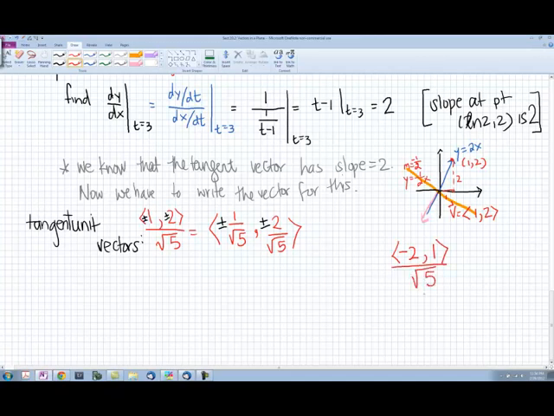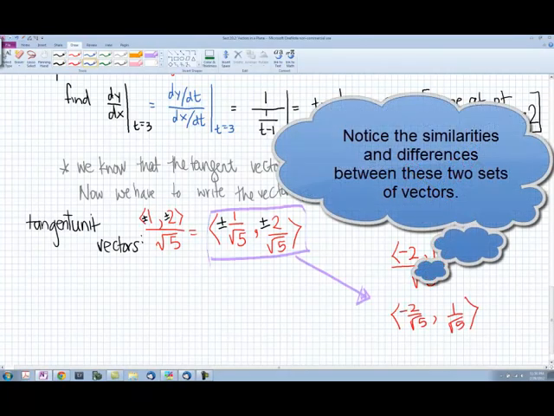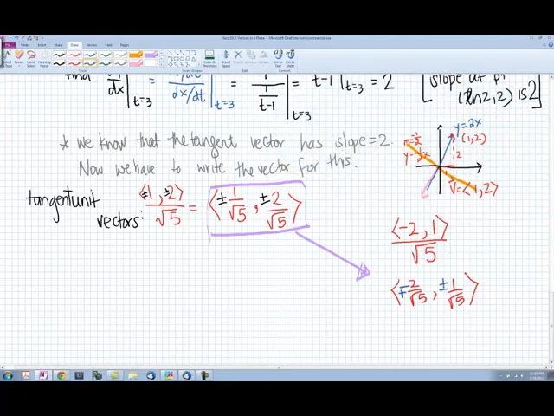Divide that by its magnitude, and we'll get negative 2 over radical 5, and then 1 over radical 5. The way that we can describe 2 separate vectors with this would be to make it minus plus and plus minus so that they switch. And this one right here that we just wrote out would be the 2 normal unit vectors.